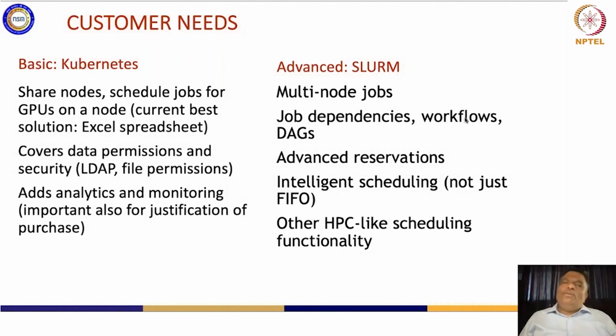This is what we will see today also. And then there are these advanced things like SLURM for multi-node jobs. You have DAGs. We will discuss this in our future classes. What about reservation, ticketing, and then there is scheduling, and certain other functionality.